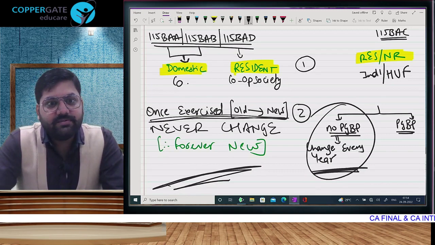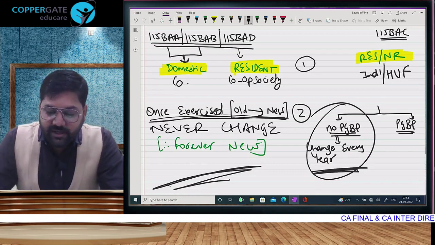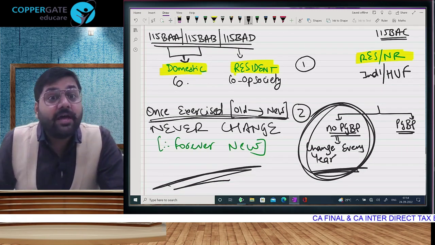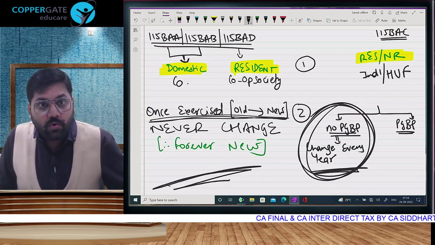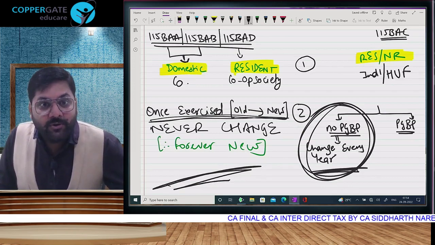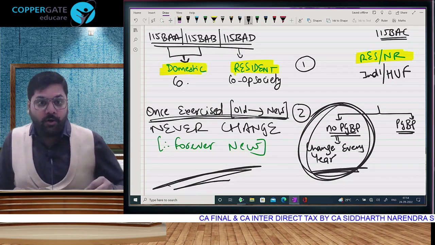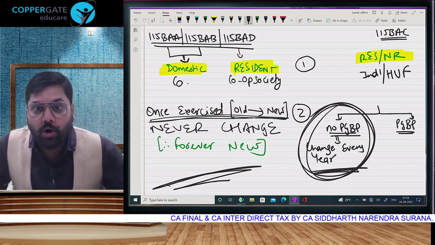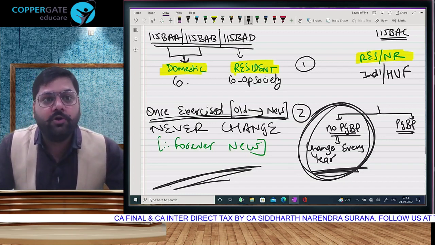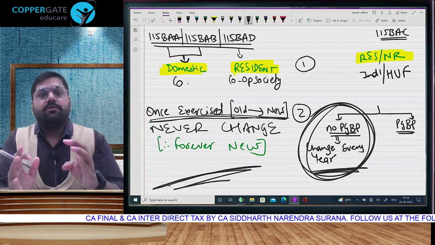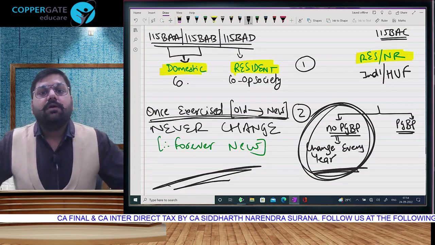Fifth year, old regime. Friends, these people, therefore, are allowed to do old, new, old, new, in any combination, year after year. They are allowed to exercise the option every year.